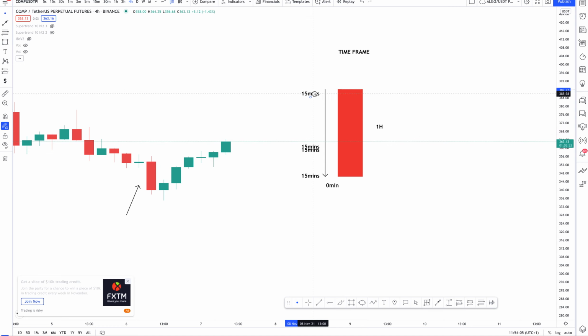So you get something like this. Ignore the spacing, I may not get the spacing right, but just understand the principle I'm trying to illustrate here. If this is a 1-hour chart, you will get 4 different 15-minute candles from this.